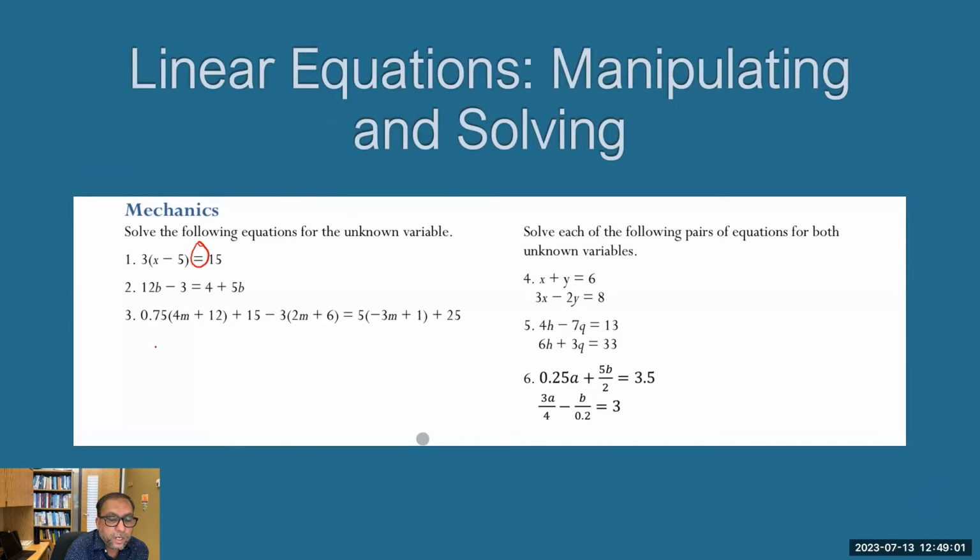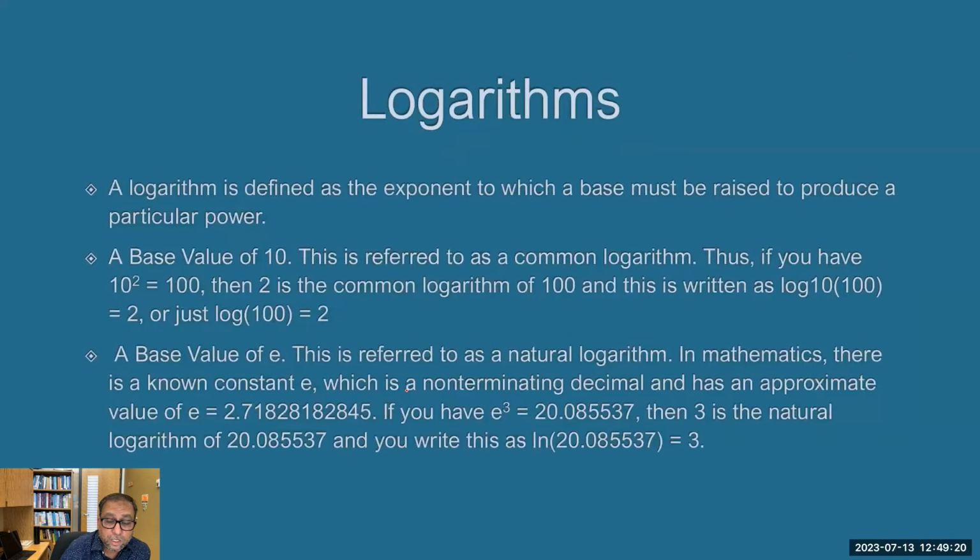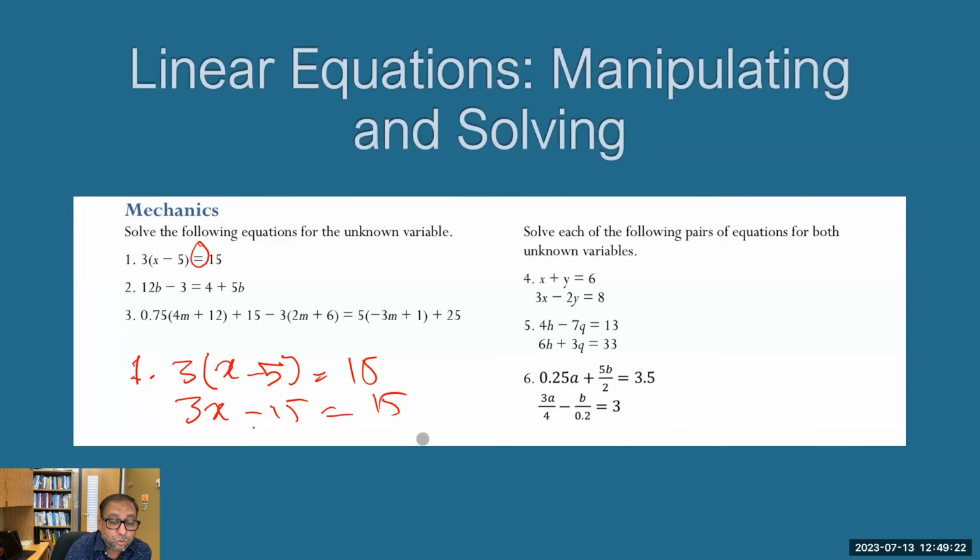So for example, in our first case, we are doing 3(x minus 5) is equal to 15. First of all, we multiply this 3 with these two numbers. So 3x minus 15 is equal to 15. So we add 15 on both sides. So we get 3x minus 15 plus 15 is 15 plus 15.